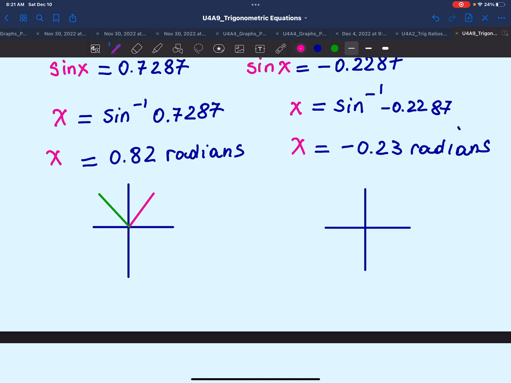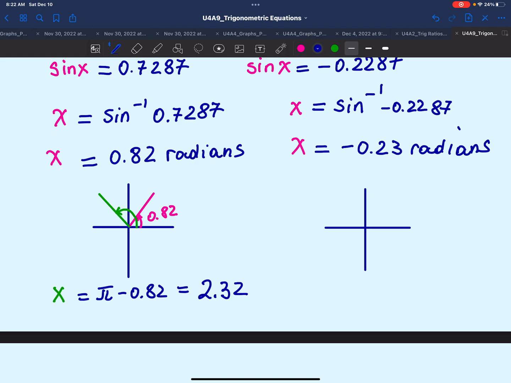So here goes the first angle of 0.82 radians. And here is the second angle, which would be pi minus 0.82, and that equals, rounded to two decimal places, 2.32.